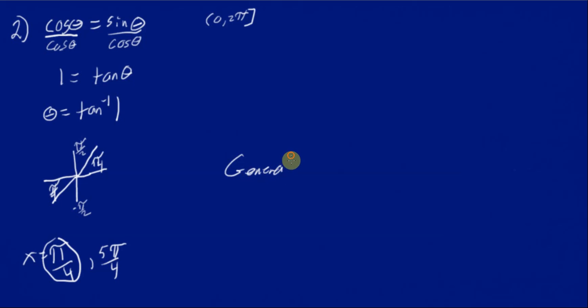And remember, the general form, if it makes a straight line, you only have to pick one of them. So x is equal to pi over 4 plus, and I just need to go pi times n, because pi will put me here, another pi puts me here, and so forth and so on. It's going to wind up and give you infinitely many solutions. So that's all there is for the general form for number 2.